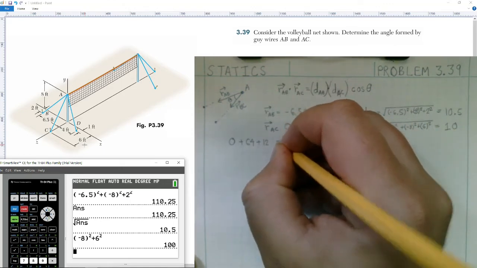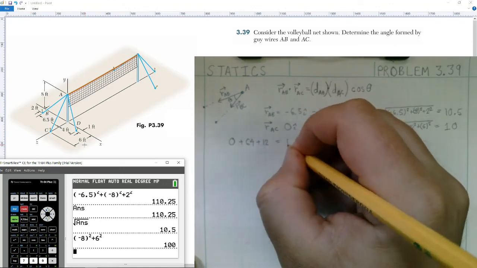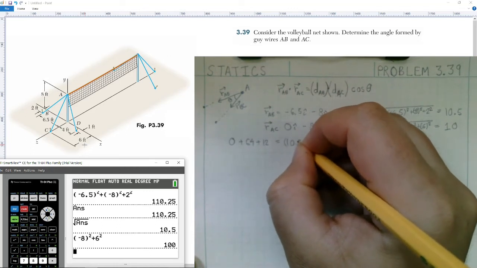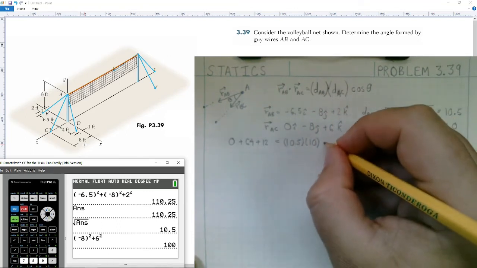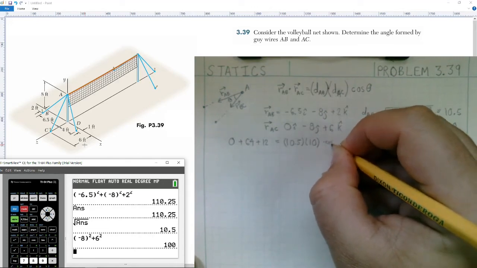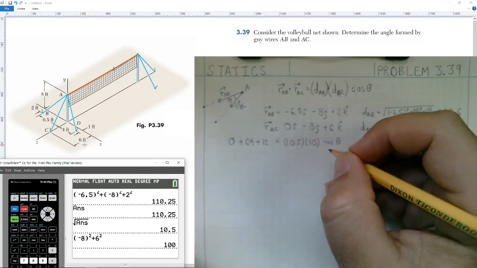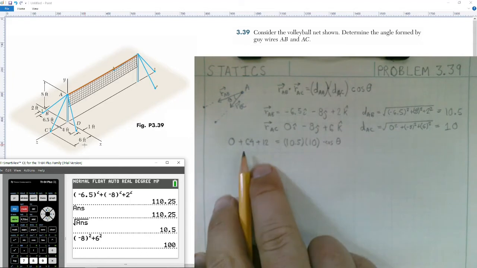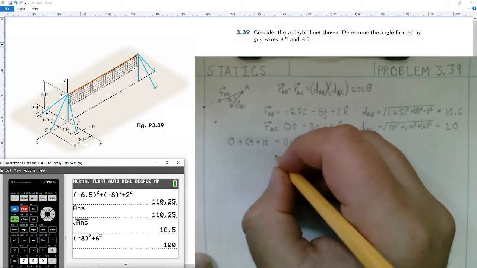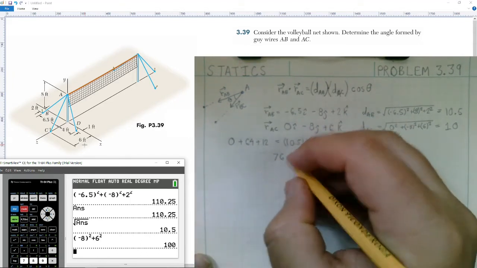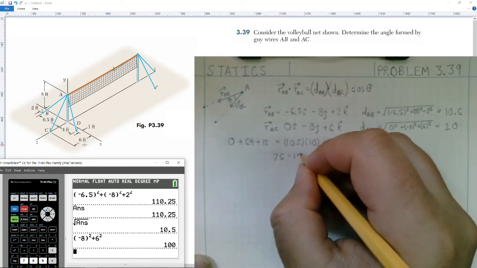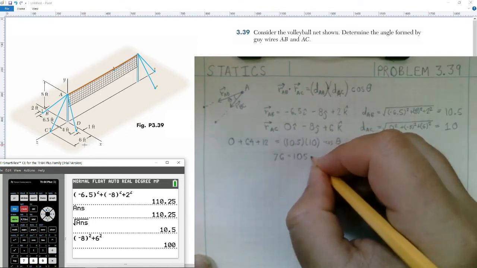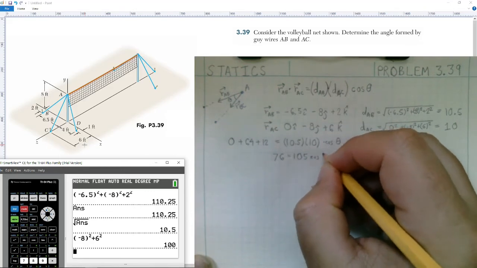So we have this value is equal to 10.5 times 10 times the cosine of the angle theta we're trying to find. So if we add these numbers up, 64 plus 12 gives us 76. 10.5 times 10, move the decimal over, gives us 105 times cosine of theta.